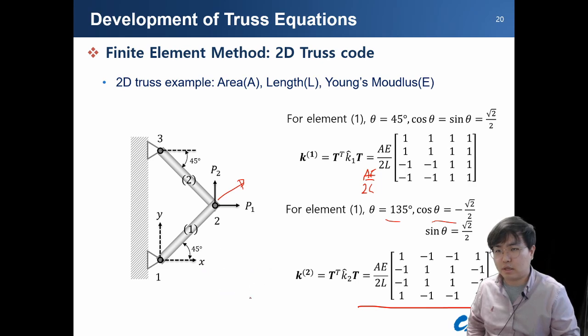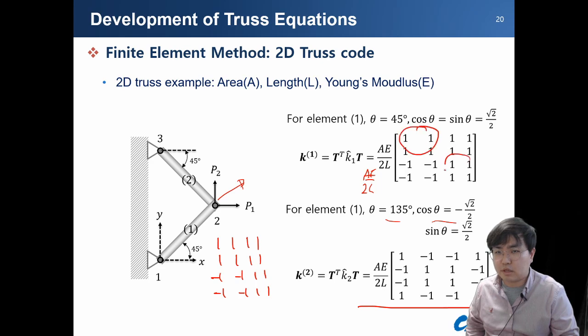Let's try it in this slide. Here we need more space, so 1 1 1 1, 1 1 1 1, minus 1 1, minus 1 1. This is the first and second node, and this is the second and third node, so plus 1, minus 1, minus 1, plus 1, and minus 1, minus 1, 1, minus 1, minus 1, 1.